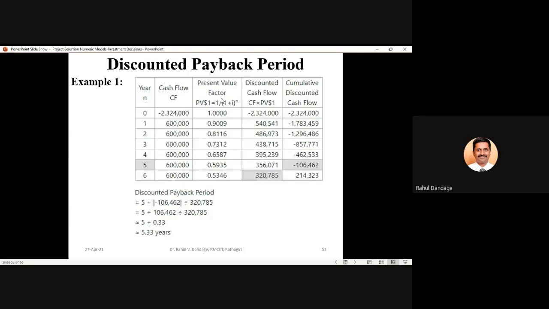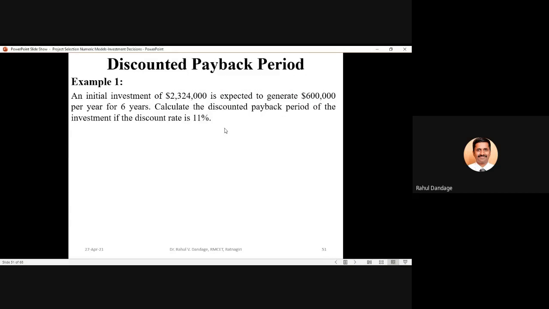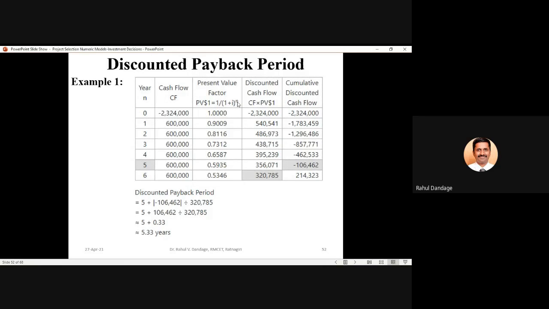The present value factor we calculate as 1 divided by (1 plus i) raised to n, putting the value of i as 0.11, because 11% is the discount rate, and n raised to 0, 1, 2, 3, 4, 5, 6. So these are all the present value factors.